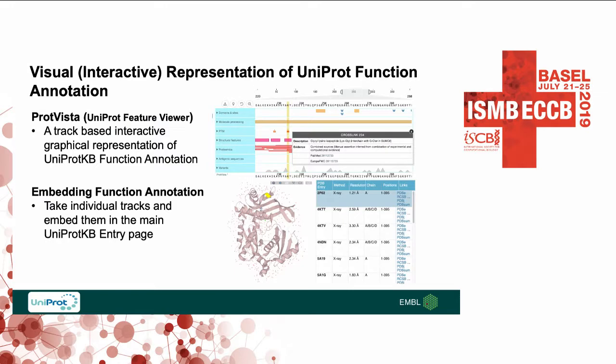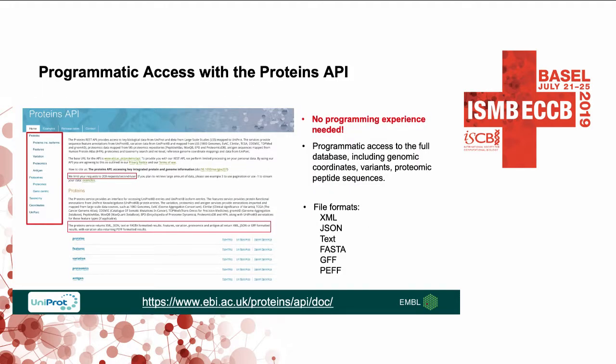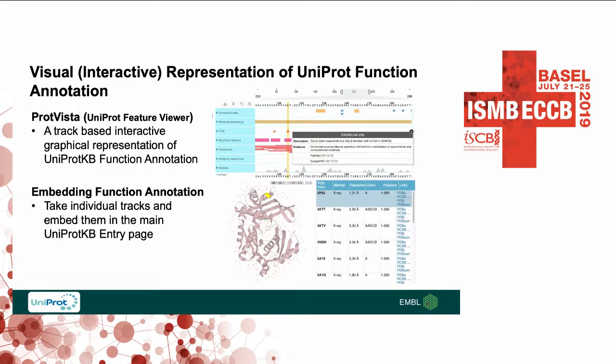Okay, from that point, all of these endpoints here actually feed into a lot of the stuff that you actually now see as interactive information on the website, specifically ProtVista, which is the feature viewer that you see when you go to a protein entry on the UniProt website.